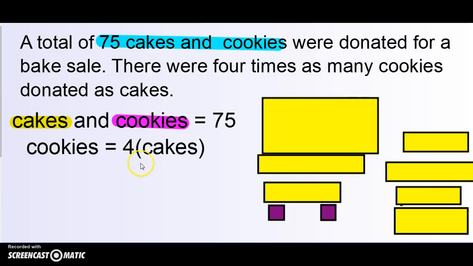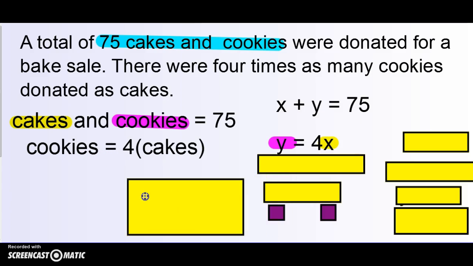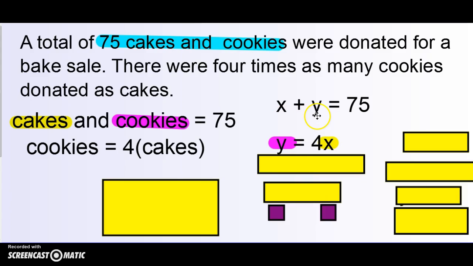But we're actually saying 4 times the cakes to make it equal to the cookies. So we're setting it up like this. Our X are the cakes, the Y is the cookies. So cakes plus cookies together are 75. And then we said the number of cookies donated were 4 times the number of cakes.